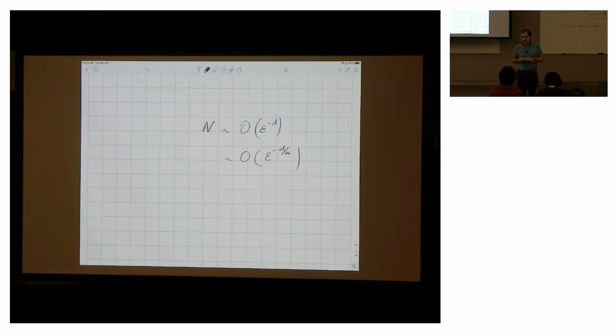Yeah, this is an upper bound, but this is telling us that if epsilon goes to 0, we still need a constant number of neurons to express any analytic function, if I get it correctly.